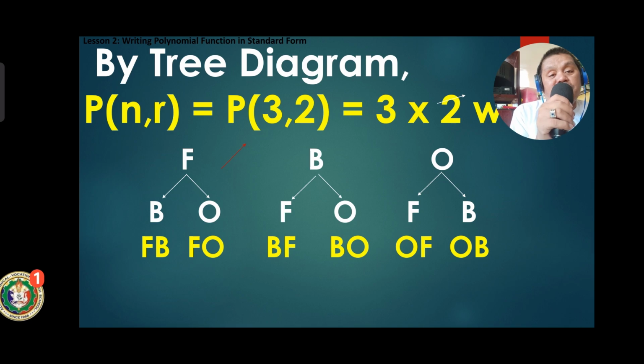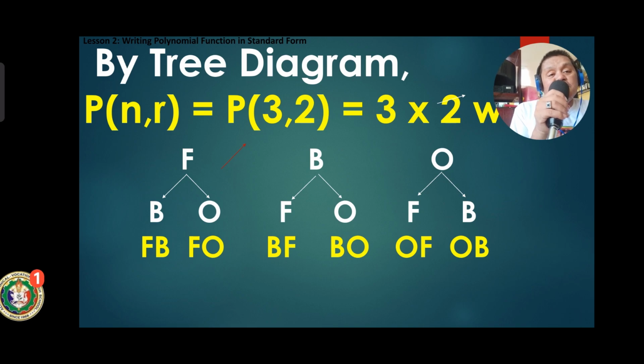So we have FB, FO, BF, BO, OF, and OB. So these are 6 pairs of letters from the letters given.